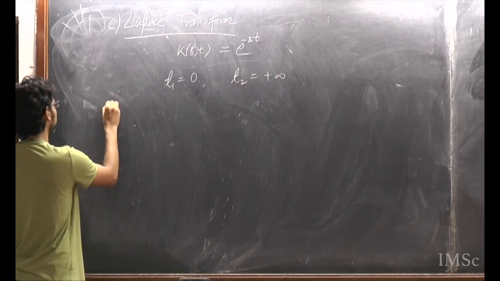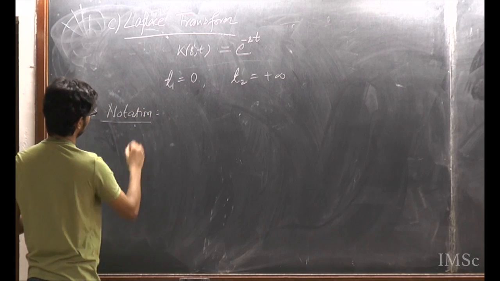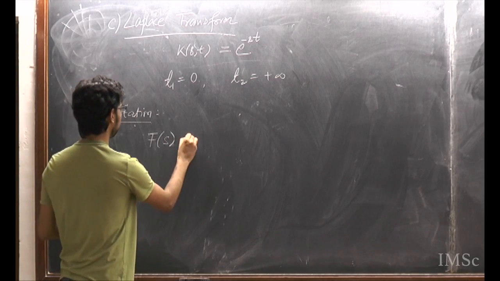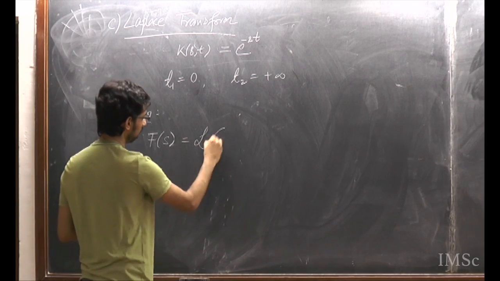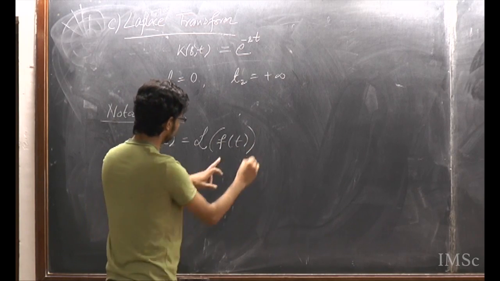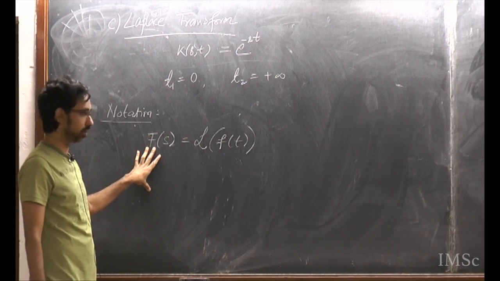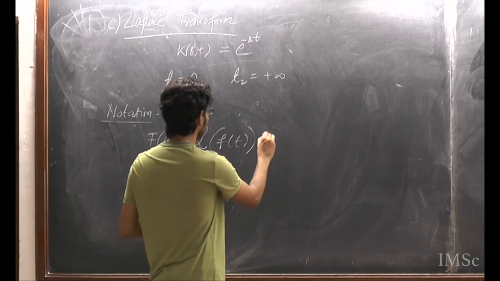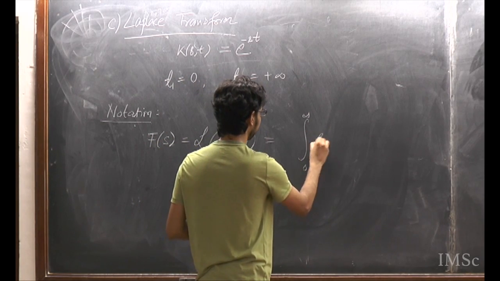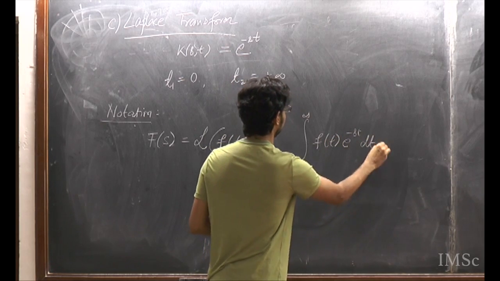So the notation that we are going to use, we write F(s) for the Laplace transform. Sometimes you can also write calligraphic L of f(t). So this is your input function. You apply your Laplace transform and you get another function, right? And this is the integral from 0 to infinity of f(t) e to the minus st dt.